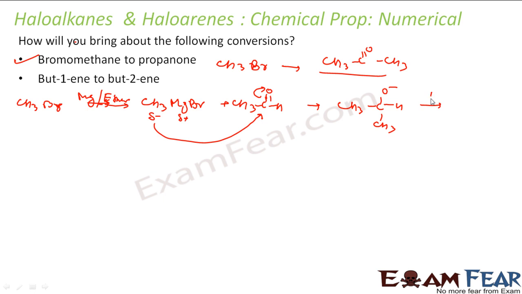Now on this you add water, so this will become HOH. So you get CH3CHOH-CH3. Now you can do oxidation using copper and heat. Best way to do it. With this you will get this product, CH3COCH3.